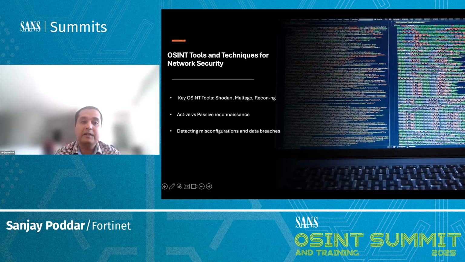You can get access to such devices online. There is another tool called Maltego, which is excellent for visualizing relationships between people, domains, and networks. For example, let's say there is a domain, a website which we know is vulnerable, but we can also get information about the person who is connected to it or who owns that domain.